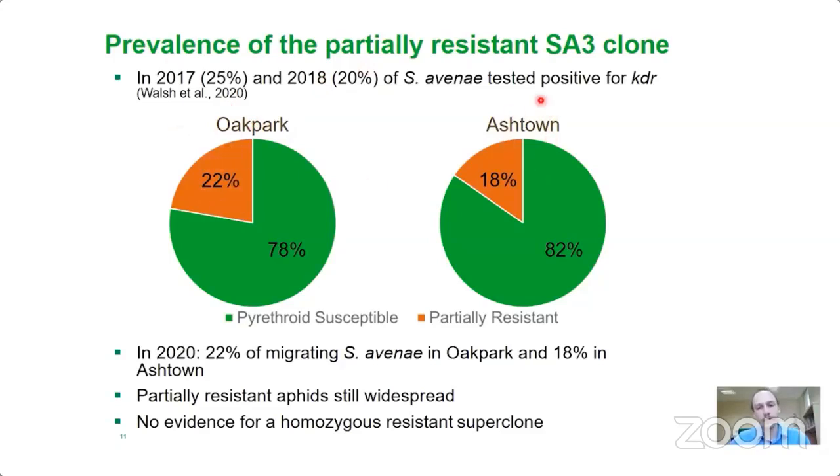We also had a second suction tower up in Ashtown, only a 6-meter tower, but still, where we found 18% of those aphids partially resistant, leading to the conclusion that the partially resistant aphids are still widespread. I've also been testing those aphids for the homozygous resistant superclone, which I couldn't find, which is good news for us.